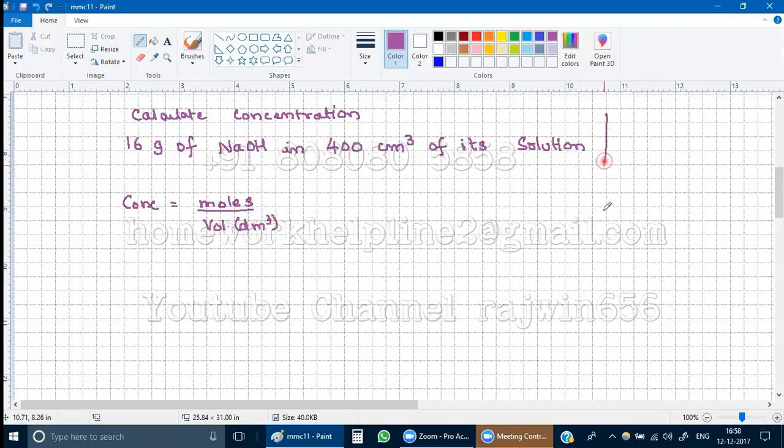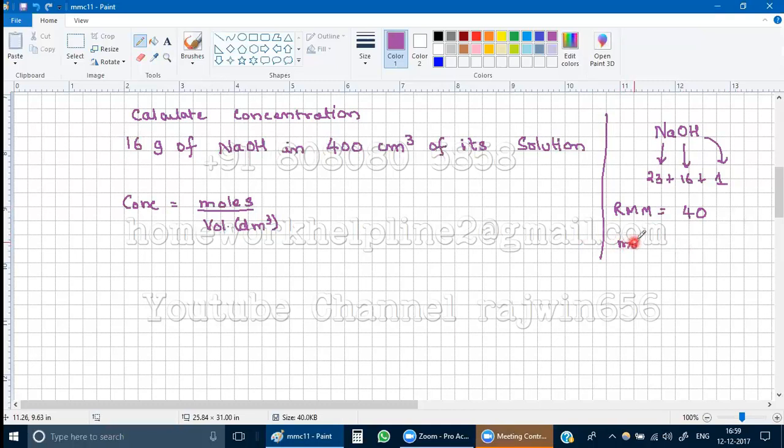First I'm going to get the number of moles of NaOH, so I calculate the molecular mass first. These atomic masses you will get from the periodic table. Na is 23, oxygen is 16, plus hydrogen is 1. So the RMM of NaOH is 40.